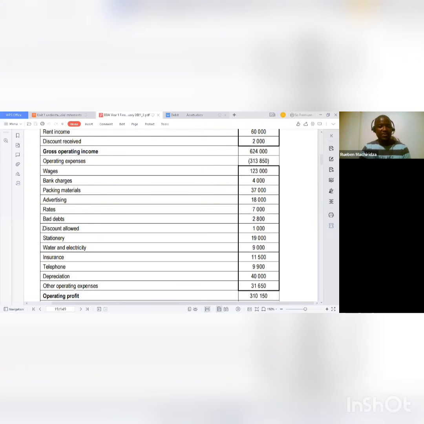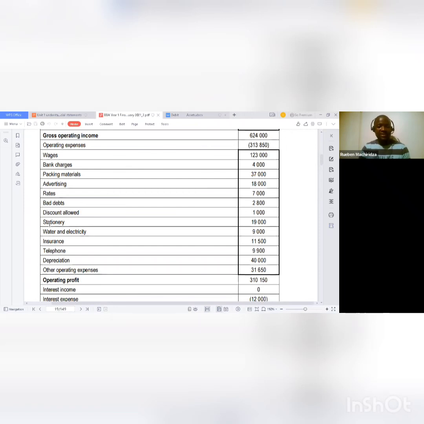So in a way, it's a loss to us, because we have not received the full amount that we're expecting to receive. We have done so to receive the cash in the shortest period of time. So that's the discount allowed, and it comes as an expense always.